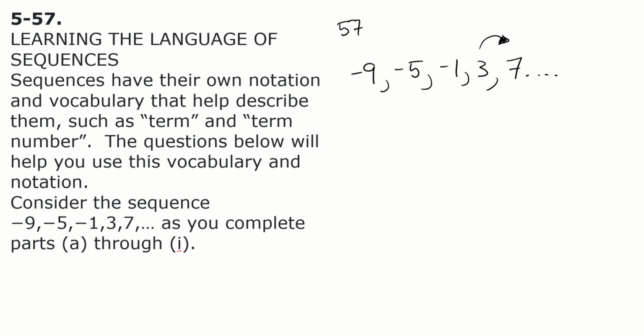If I take -1 and add 4, I get 3. -5 plus 4 is -1. -9 plus 4 is -5. So yes, this is arithmetic. How do I know?